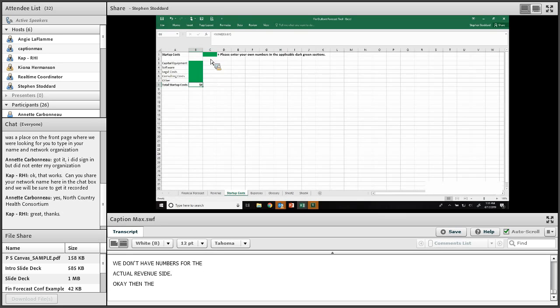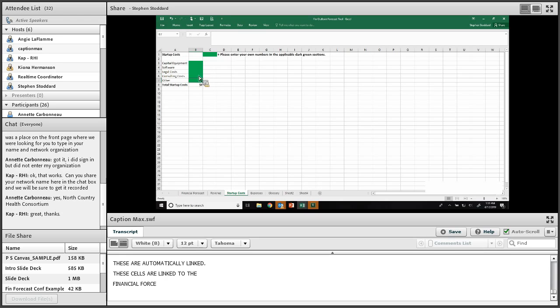As you can tell on this first tab, the financial forecast page, we've got sections for revenue, startup costs, direct costs. Startup costs I did include in here just because you only have them for the first year, and then they're basically a one-time cost, and then you're done with them.